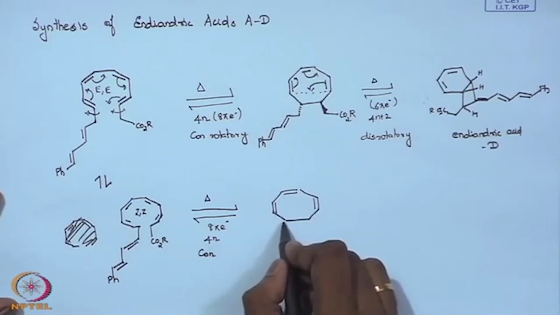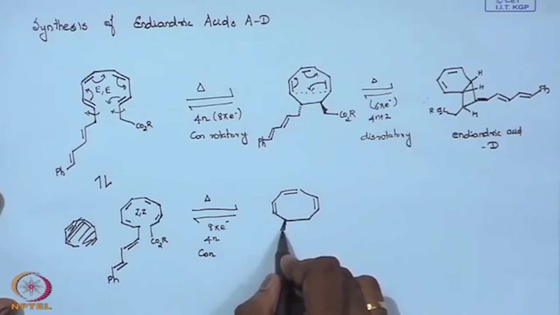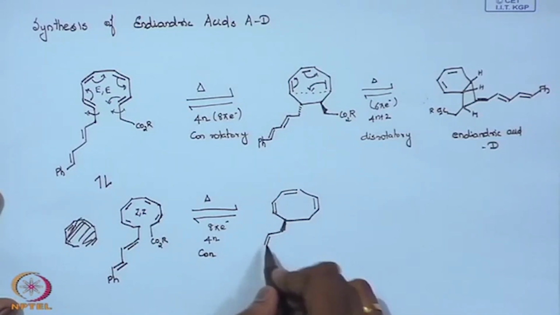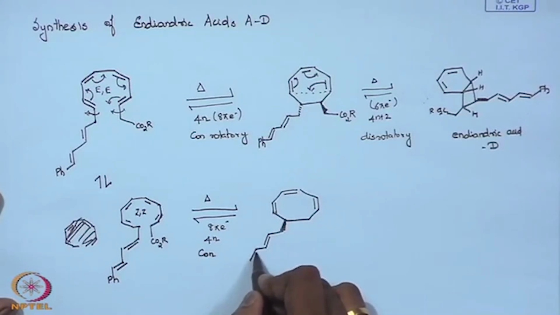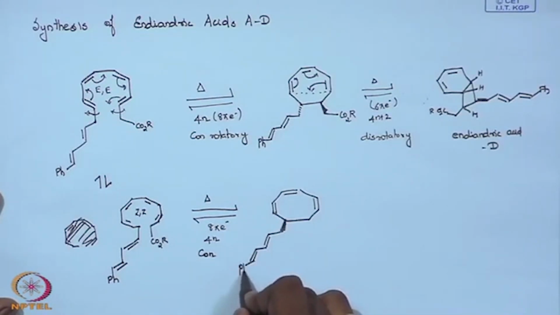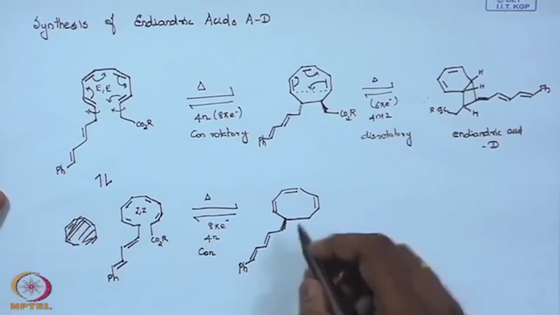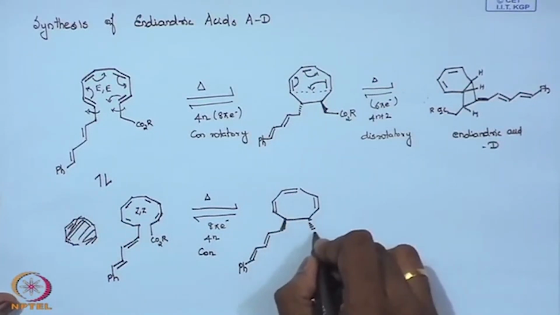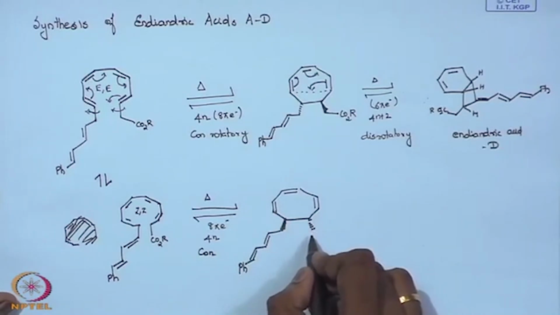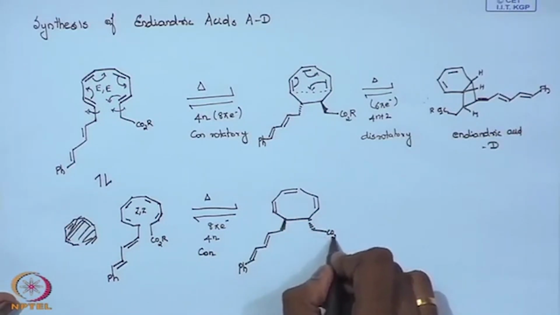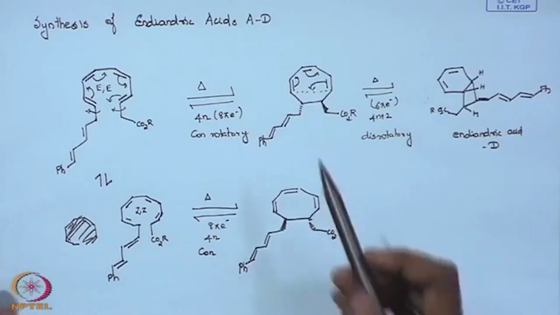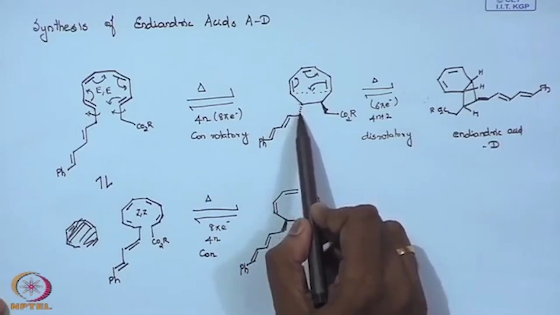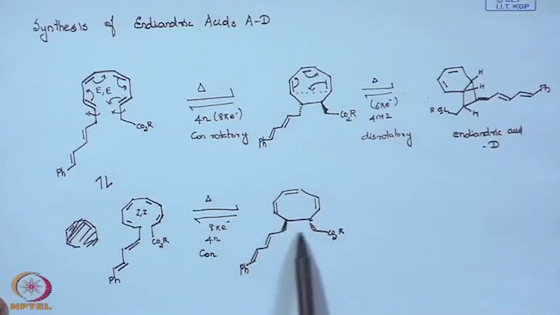Clear, but now it will be just the opposite of that. So your phenyl here. Okay, just see the stereochemistry, then you will know you have just got the opposite one, CO2R. Just check this part, they are just opposite.